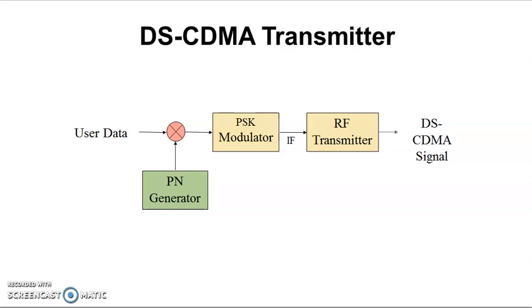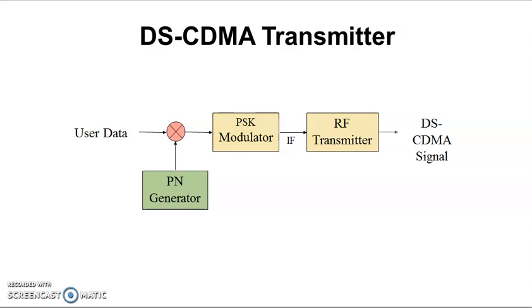In this case, the clock rate of a PN sequence is generally called the chip rate, which is much higher than the data rate. The spectrum of the data is narrow, whereas the spectrum of a PN sequence is wide. Hence the transmitted data is considered to be a wide spectrum.